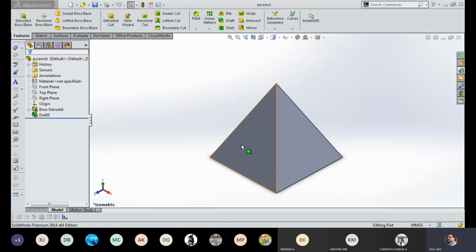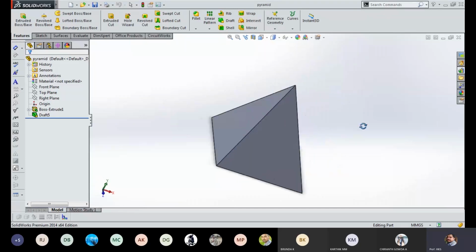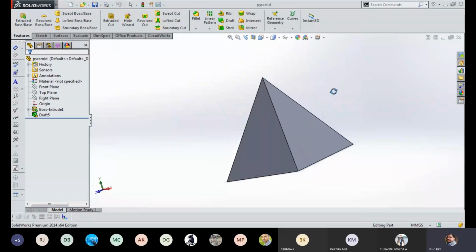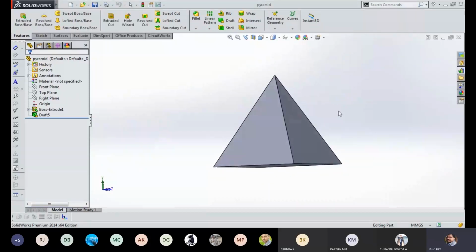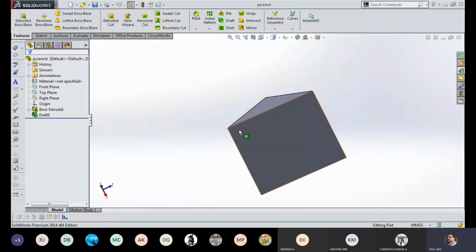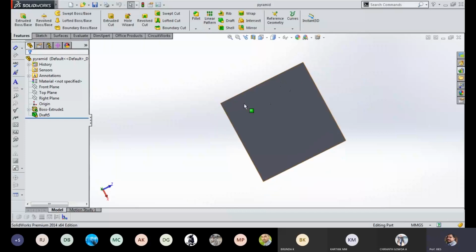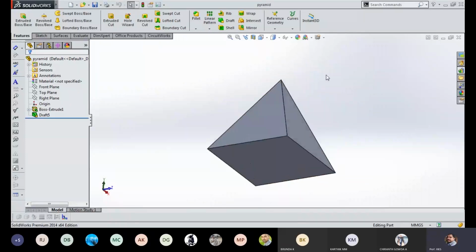Yes, sir. Okay, so this is the 3D model of the pyramid, developed using SolidWorks software. Here you can rotate and visualize the pyramid. Here also I have considered the square pyramid since the base is square.